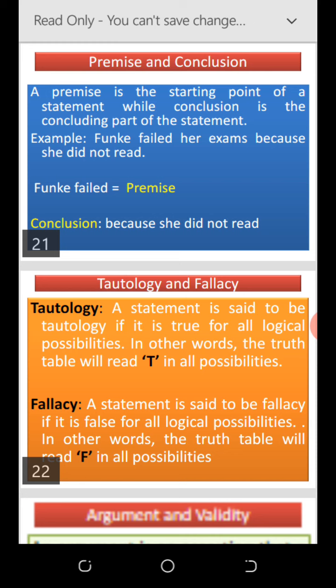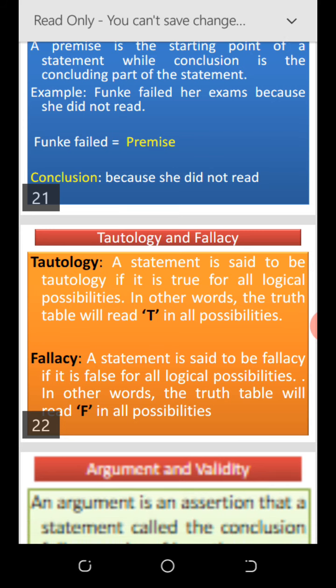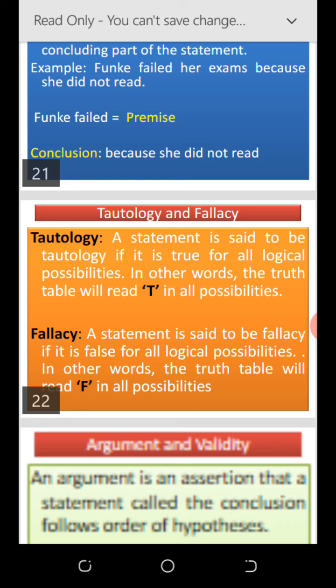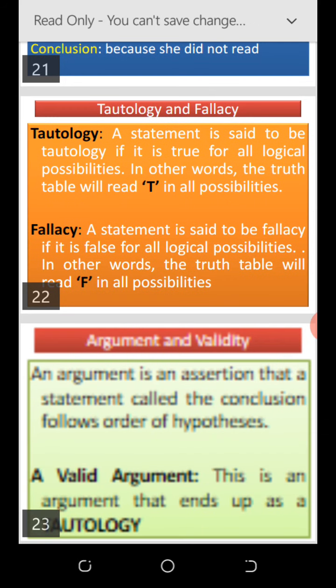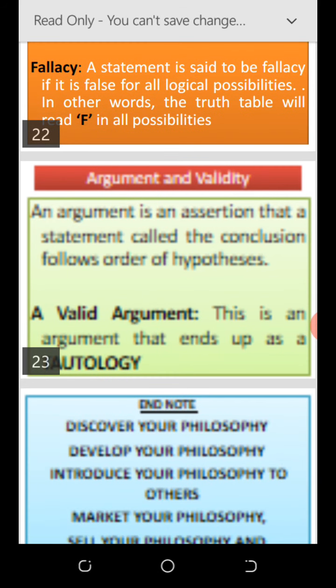So if you want to prove that a statement is a tautology, it means all the final answers will be truth, meaning having T. While to have a fallacy, it means all the statements will carry the letter F.